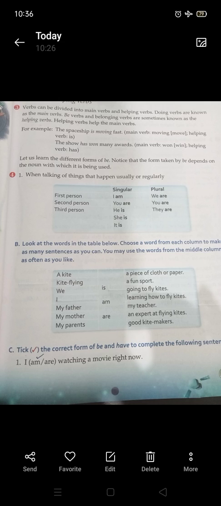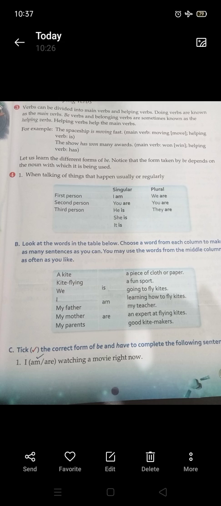A kite is a piece of cloth or paper. Kite flying is a fun sport.